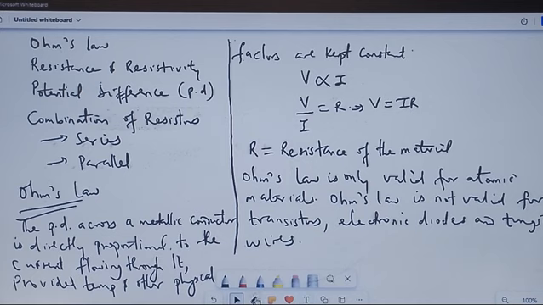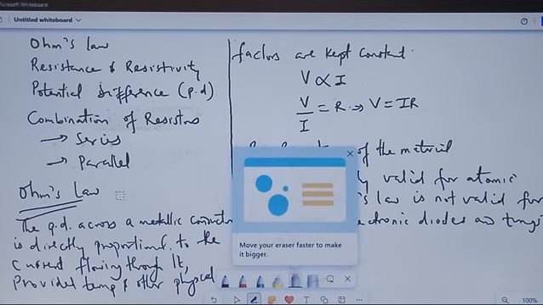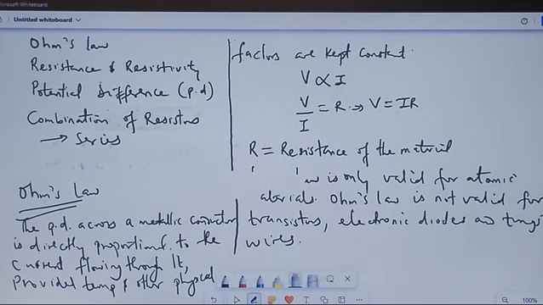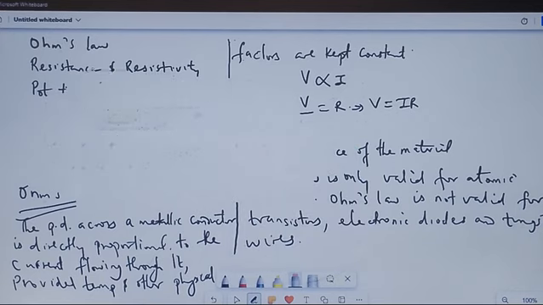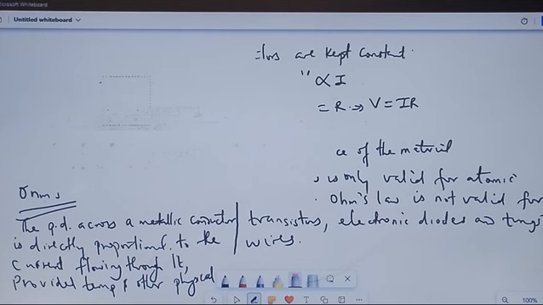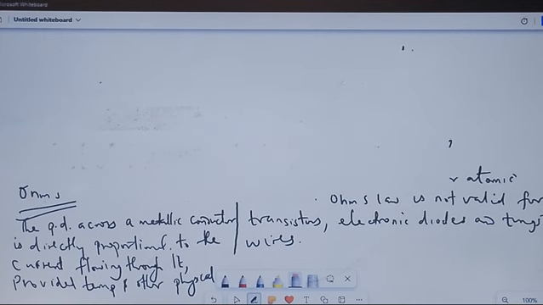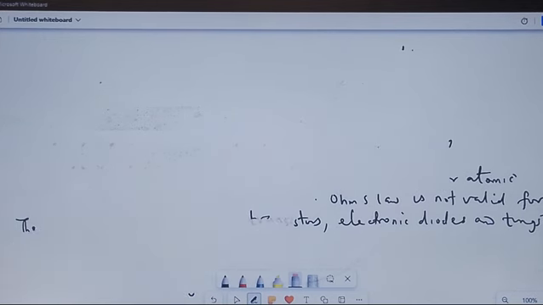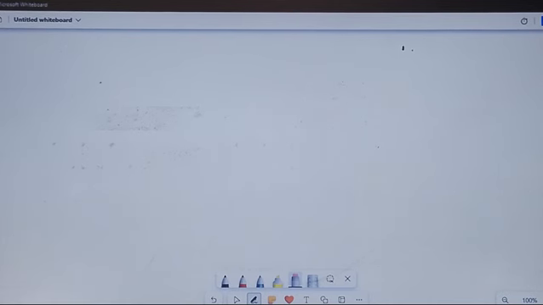So based on that, we can now go further to categorize materials that obey Ohm's law and materials that do not obey Ohm's law. Let us categorize them now. Materials that obey Ohm's law are referred to as ohmic materials.